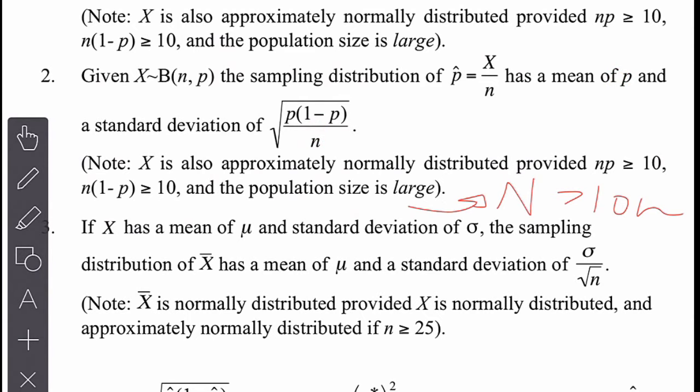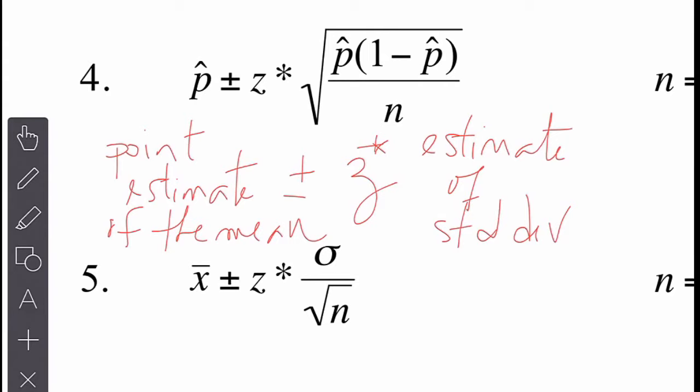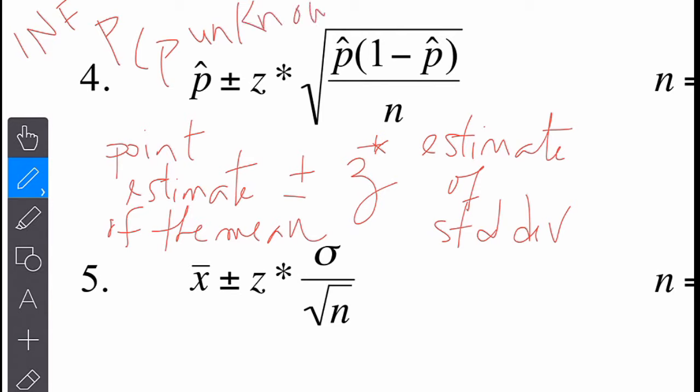So what I'm doing is computing an estimate for P. This is inference, I called it inference on P, where P is unknown. Inference meaning educated guessing. We're going to guess using the evidence from a sample. What would P be? The best that we have is the sample proportion, and then we're going to create an interval around that.